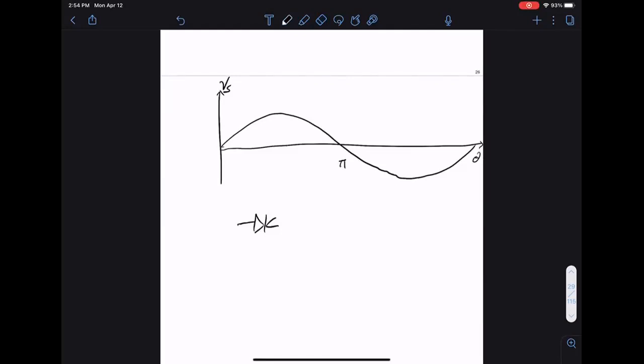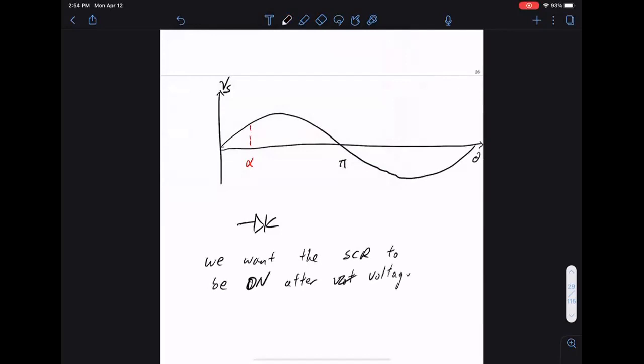And let's say we only want this to turn on after angle alpha. So we want the SCR to be on after the voltage has angle alpha.